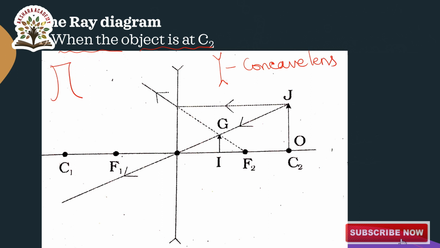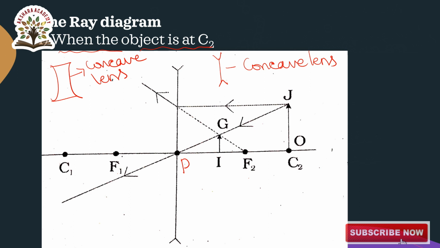This is the symbolical representation of a concave lens that we take while drawing the ray diagram. So the concave lens, principal axis, optic center, and focus F1, center of curvature C1, focus F2, center of curvature C2.